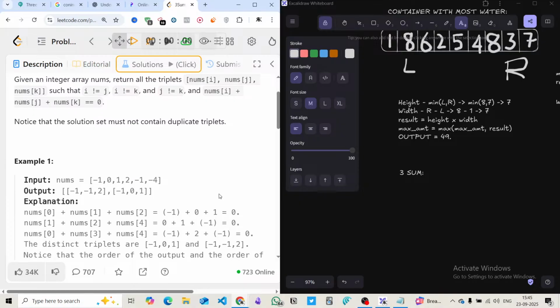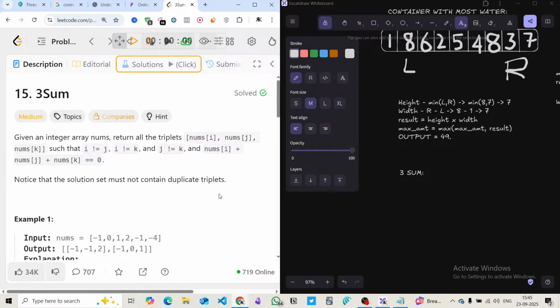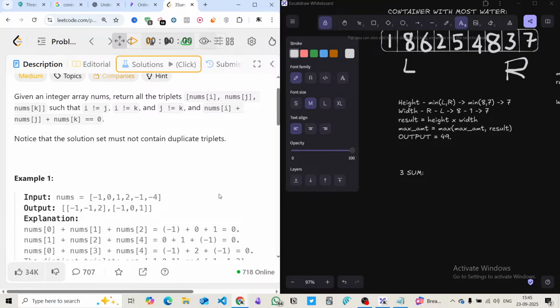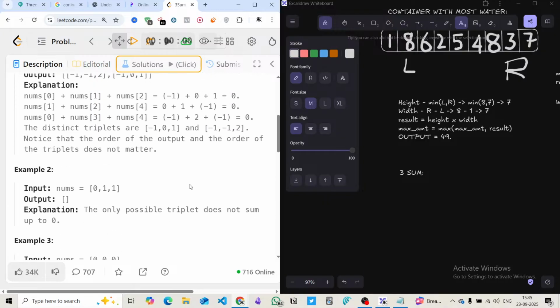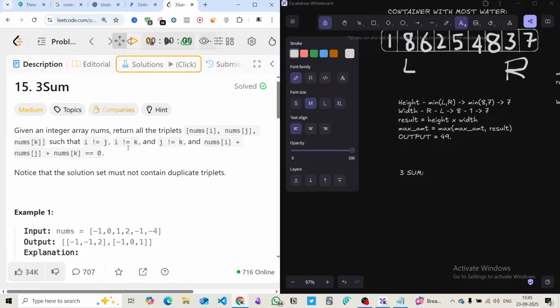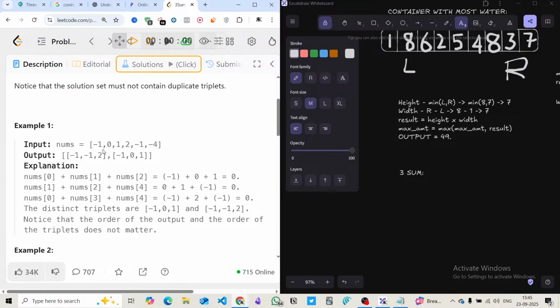Okay, so how are we able to solve this, finding any three numbers as triplets? We need to give all the possible answers this way. -1 is there, and then -4.